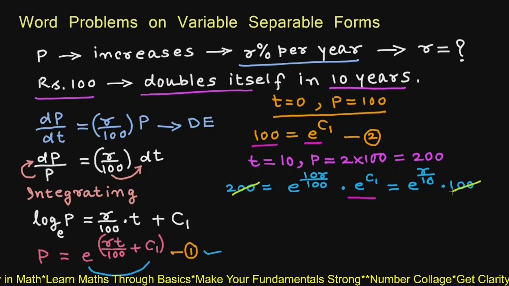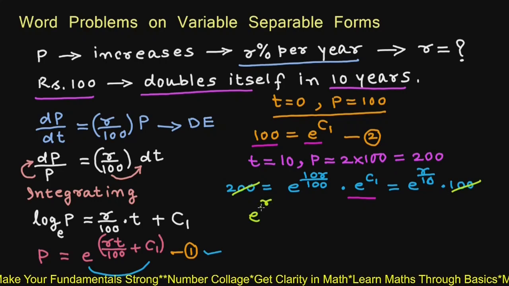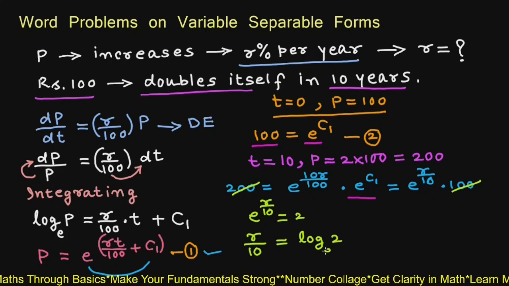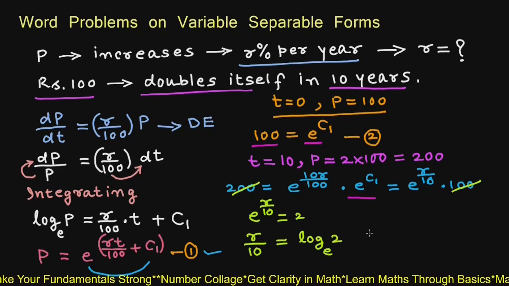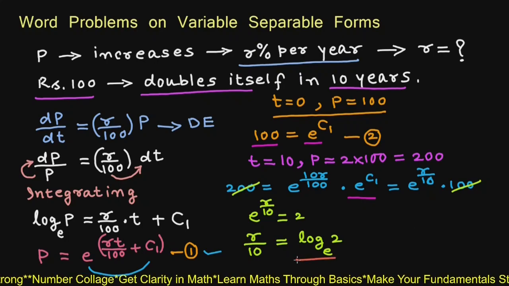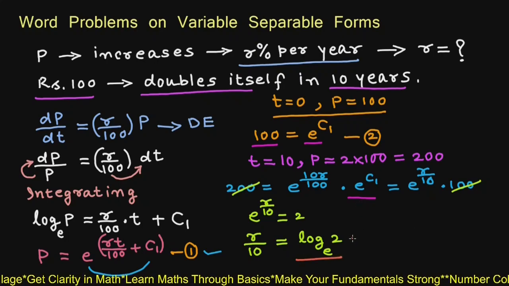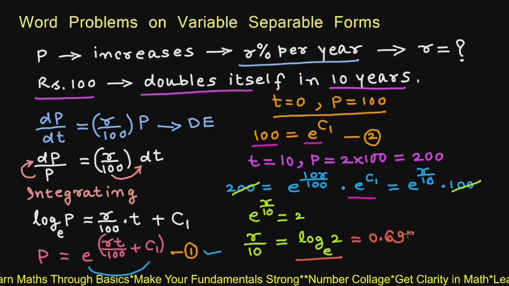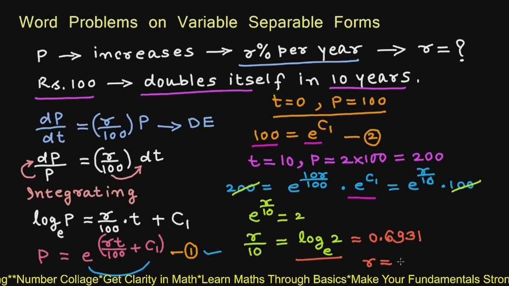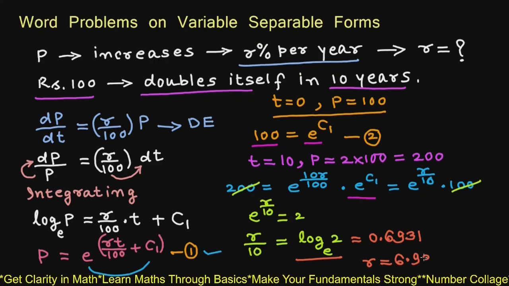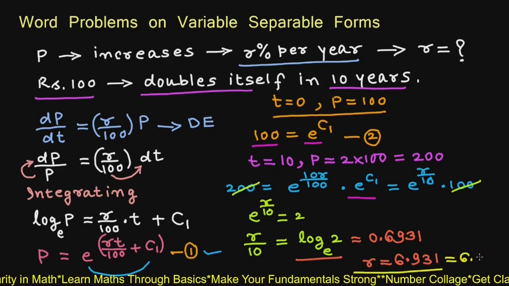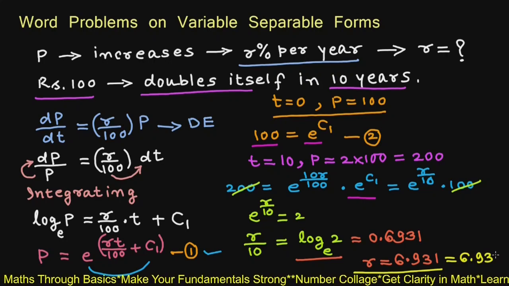Cancelling the two zeros, e raised to R upon 10 is 2, so R upon 10 equals log 2 to the base e, which is exponential form to logarithmic form. And in the problem, the value of log 2 to the base e is given as 0.6931. So R will be 0.6931 multiplied by 10, 6.931. So R, that is the rate of interest, will be 6.931%.